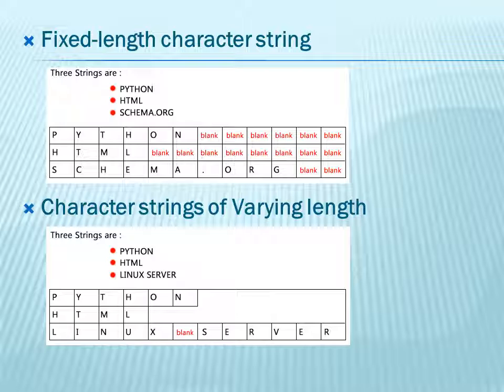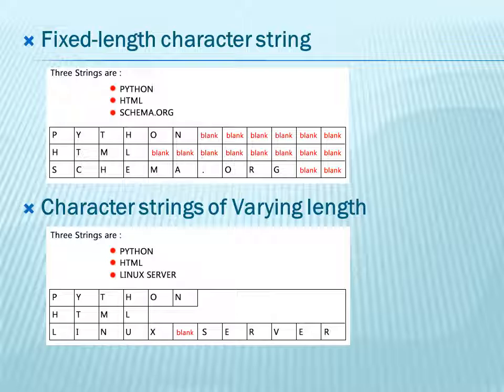Next you can see the variable length, that is, varchar2 data type. By using varchar2, the extra space can be used by other data. The same three strings: Python, HTML and Linux server.